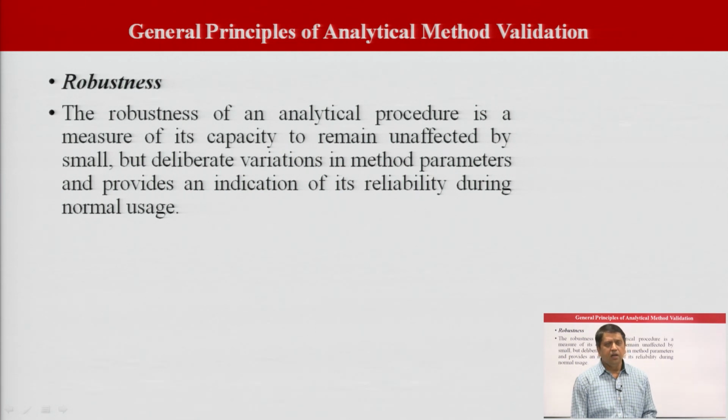For example, if we are determining the analyte using HPLC or high performance liquid chromatography, we can change the mobile phase in a very deliberate manner, in a very small proportion, and we will measure the change in the response. So, if the response is within the specified limit, that means the method can be used in spite of some very few changes.